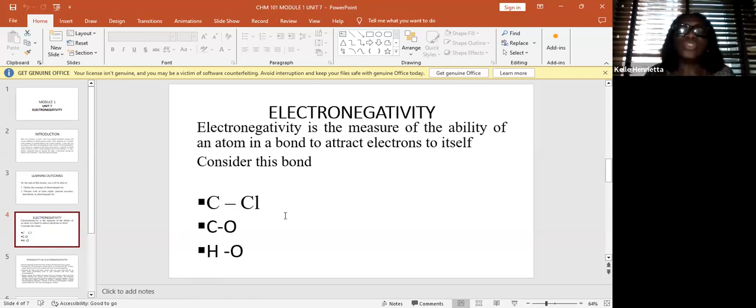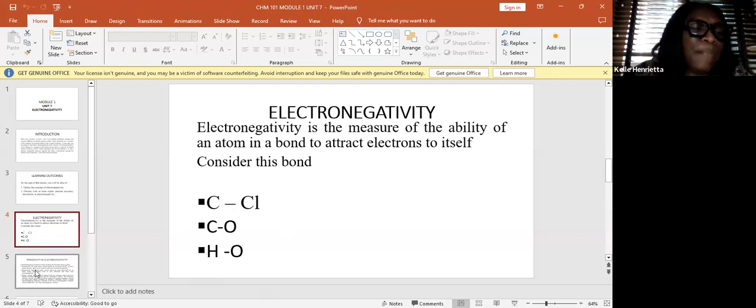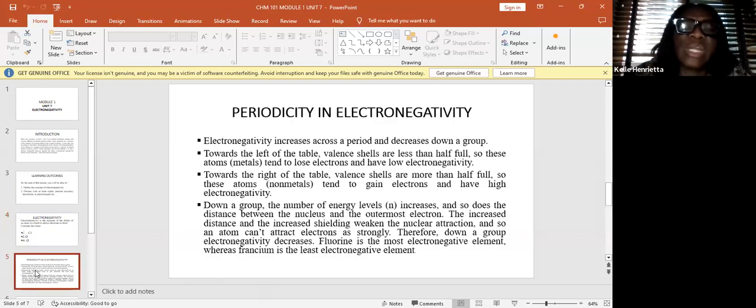So I just used this to explain to you what we mean by electronegativity, the measure of the ability of an atom in a bond to attract an electron to itself. I want to look at periodicity in electronegativity. Normally, the elements towards the right, not group 18, which is the noble gases, are excluded from this, because there the electron shells are completely filled up.